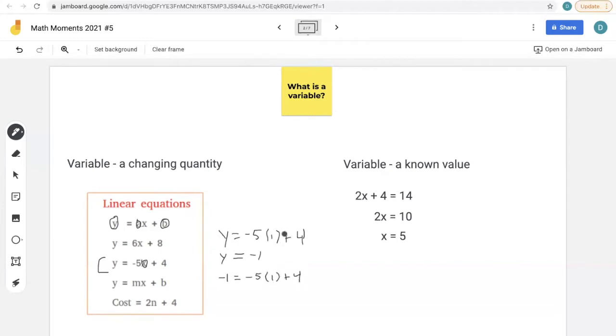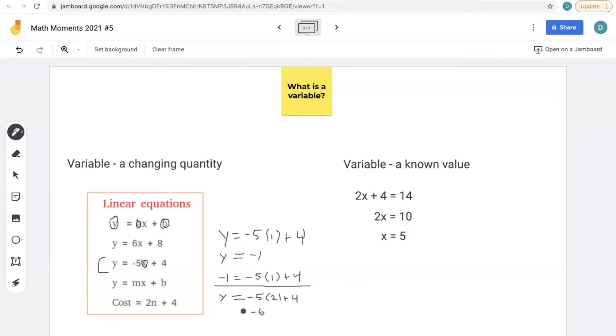Now, we could change that statement a little bit because y and x are changing quantities. So let's say we want 2 for x. Well, that's going to mean y has to be equal to negative 5 times 2 plus 4. Well, if we solve this again, negative 5 times 2, well, that's negative 10, plus 4 is negative 6.